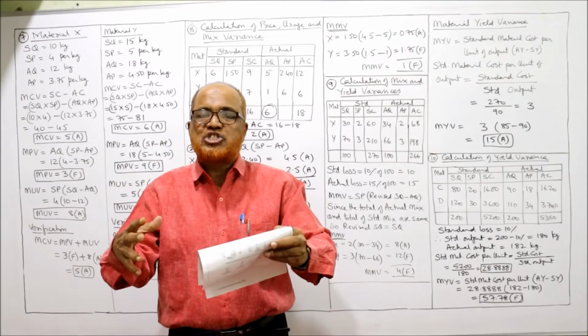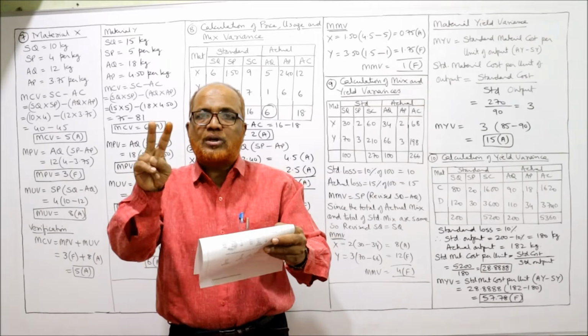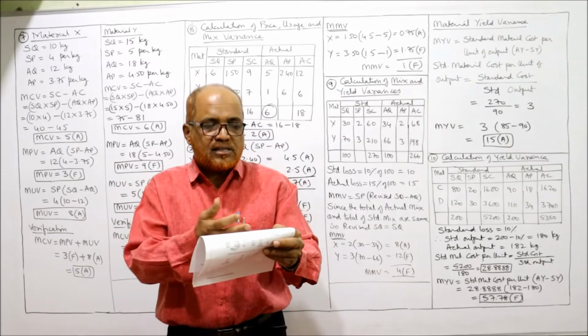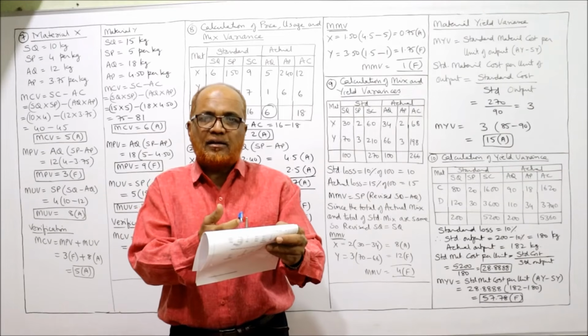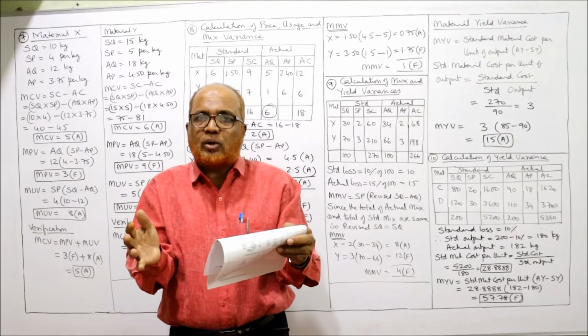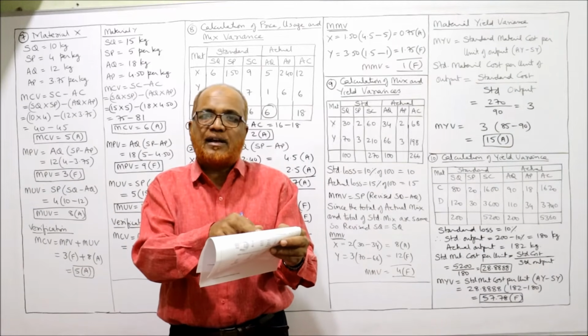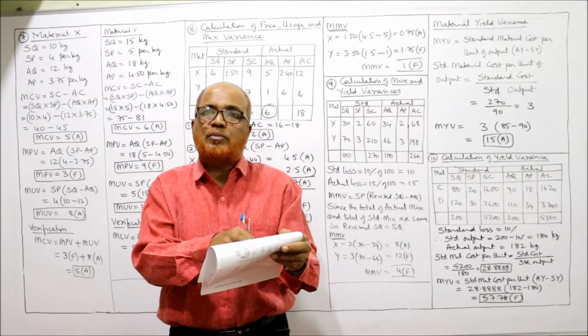That means chemical mixture. We are using 2 types of material in making the chemical. Which are the 2 materials? Material C and material D. So whatever total mixture we are putting, 40% should be C material and 60% should be D material.